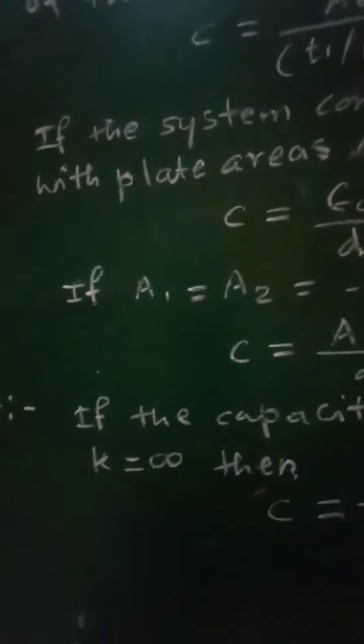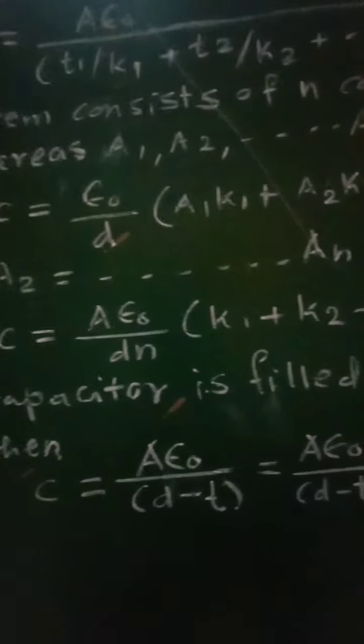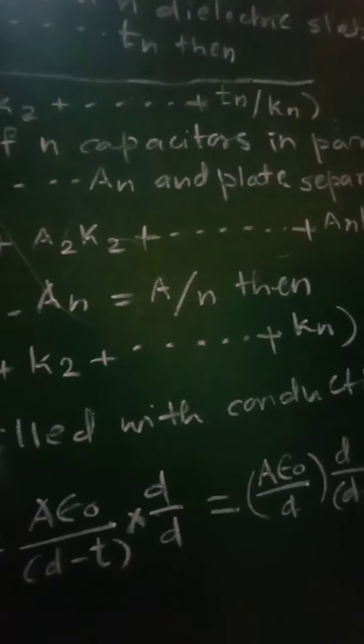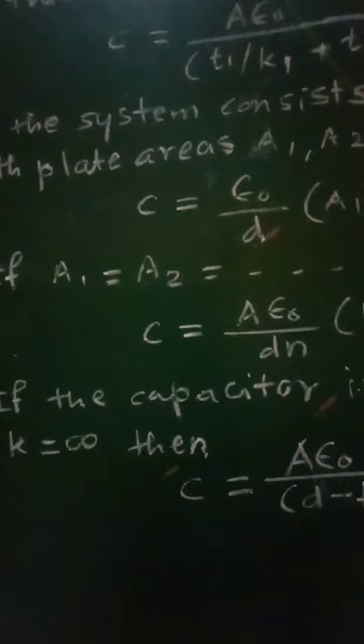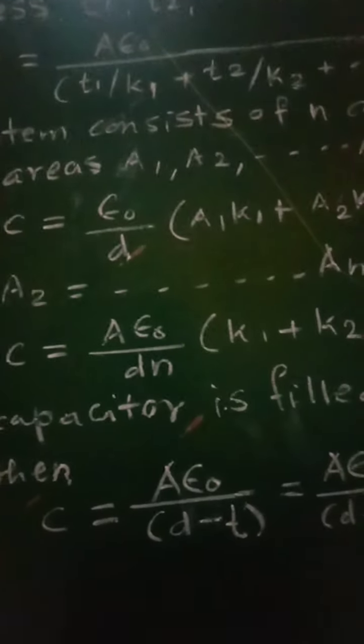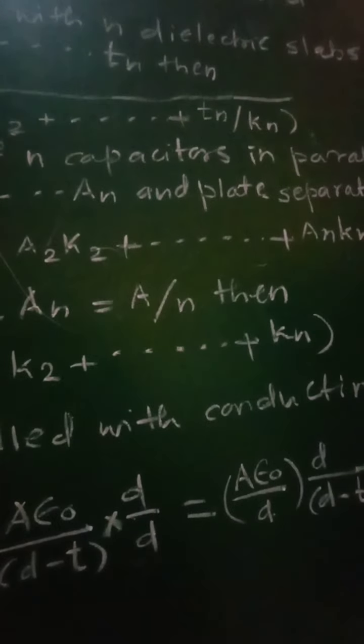If all the areas of these slabs are equal, that is A1 equal to A2 equal to An, and that is equal to A by n, then C will be equal to A epsilon 0 upon dn into k1 plus k2 plus kn.